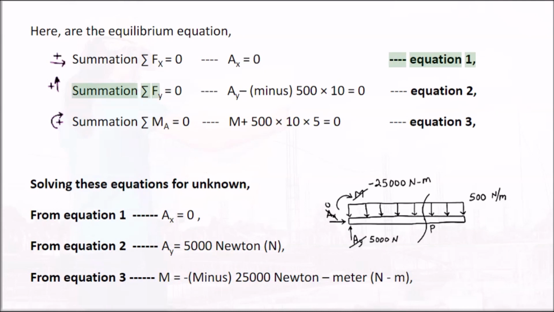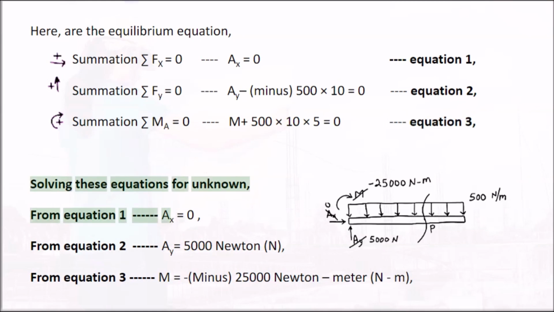Summation Fy equals 0, Ay minus 500 times 10 equals 0, equation 2. Summation M about A equals 0, M plus 500 times 10 times 5 equals 0, equation 3.